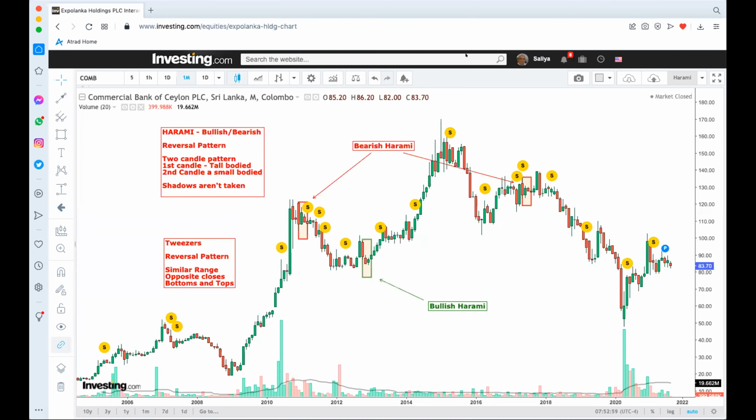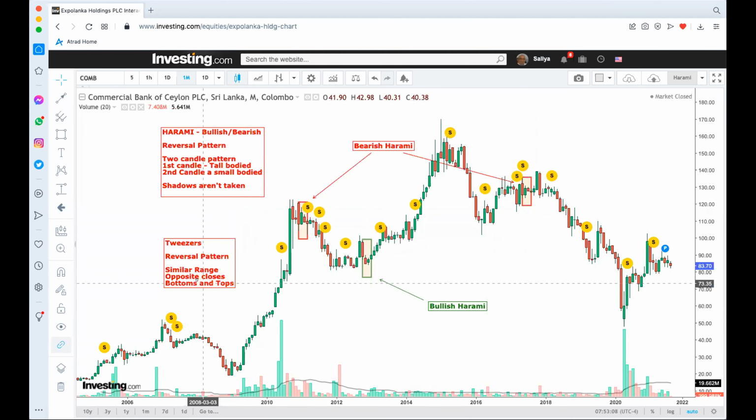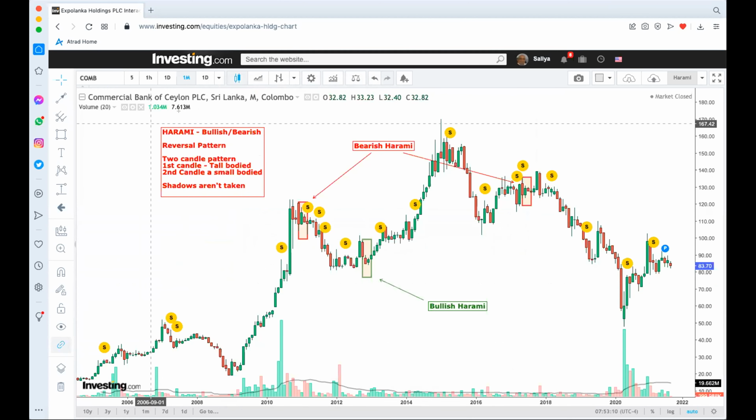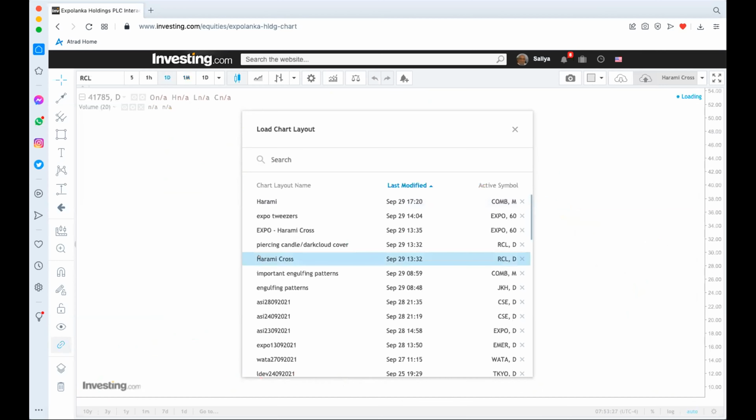Fine. So from here, let's move on to the next pattern, which is called the Harami Cross. Now, incidentally, the Haramis have visible bodies. Then you have another Harami called the Harami Cross. But in the Sri Lankan market, I searched, we don't have too many Harami crosses.